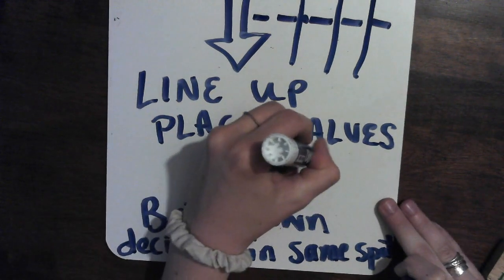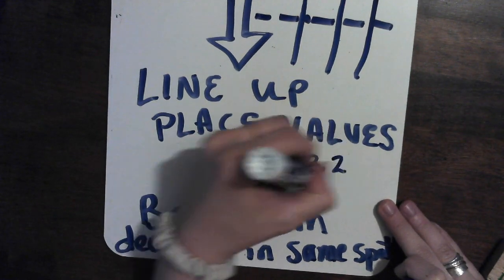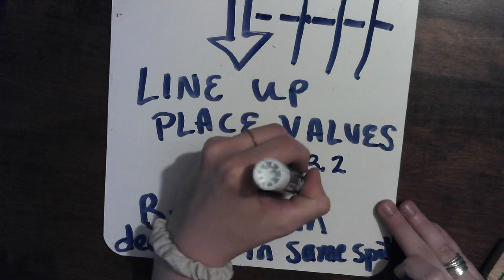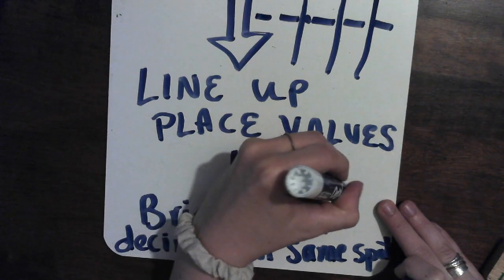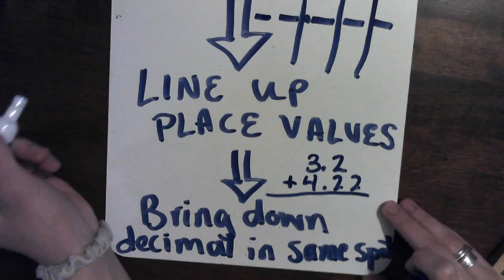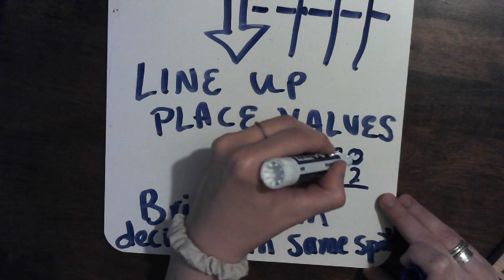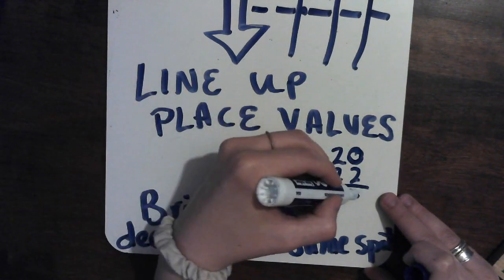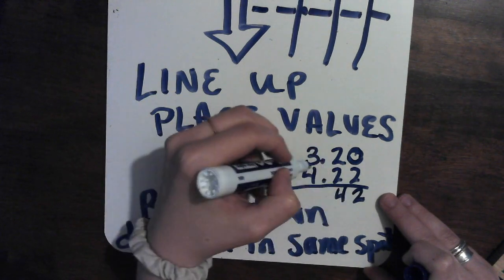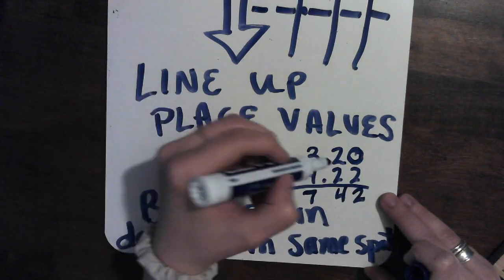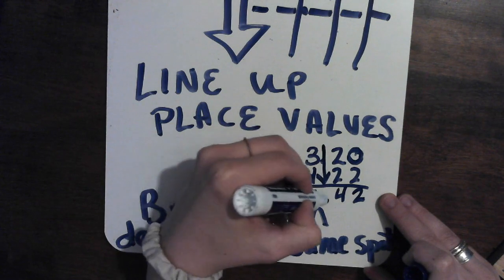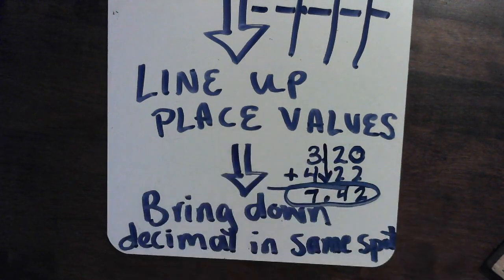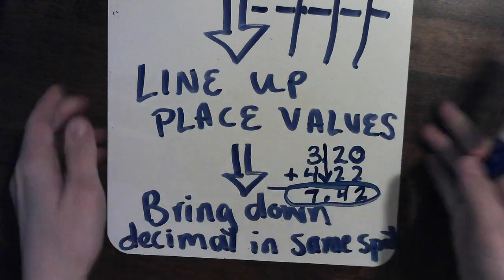So if you have 3.2 plus 4.22, I add them. I can put a placeholder here. 2, 4, 7. I bring down my decimal in the same spot. Okay?